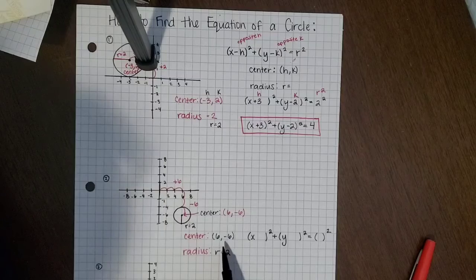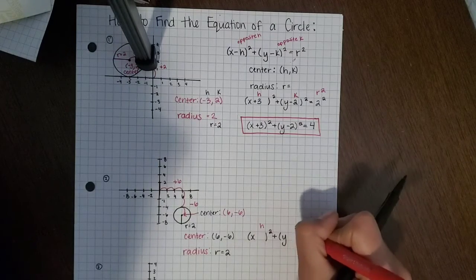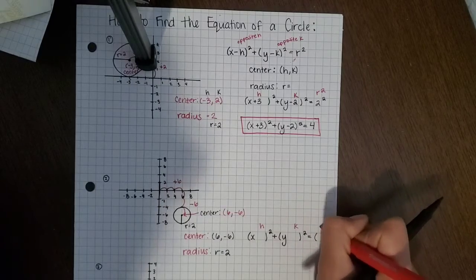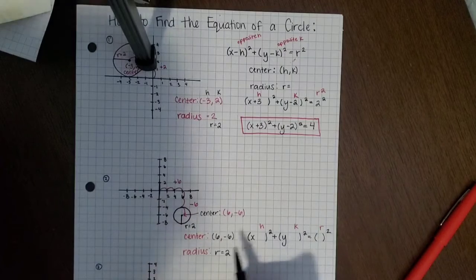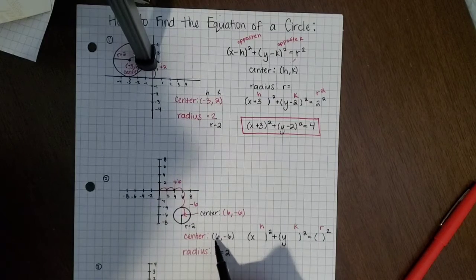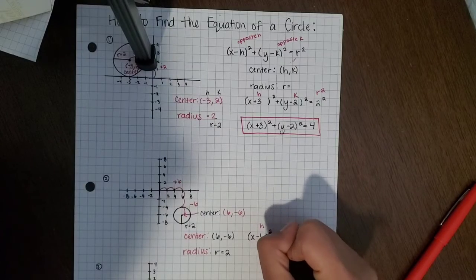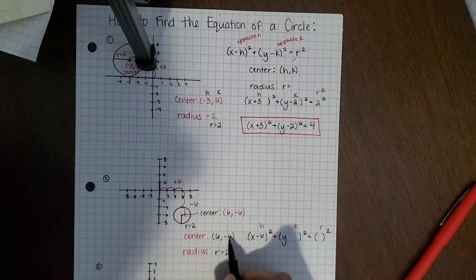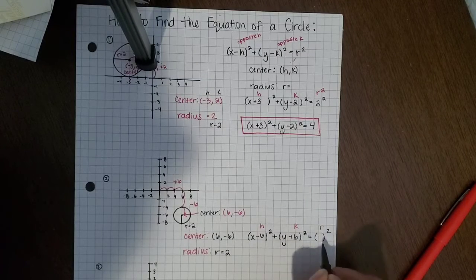If I look at my ordered pair here, this is going to be my h, my k, my r. And I'm always going to be doing opposite h, opposite k. So if in my ordered pair my h was positive 6, in my equation it's going to be negative 6. My k here was negative 6, so it's going to be positive 6 in my equation.